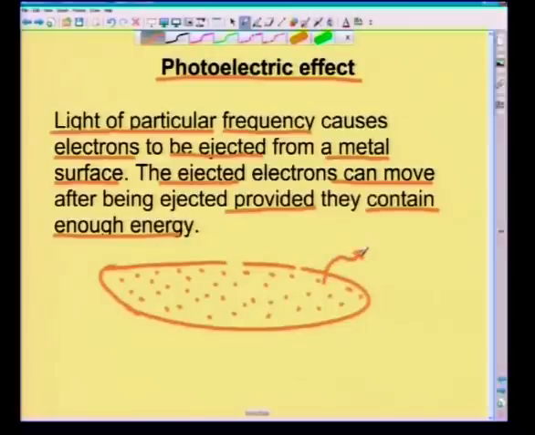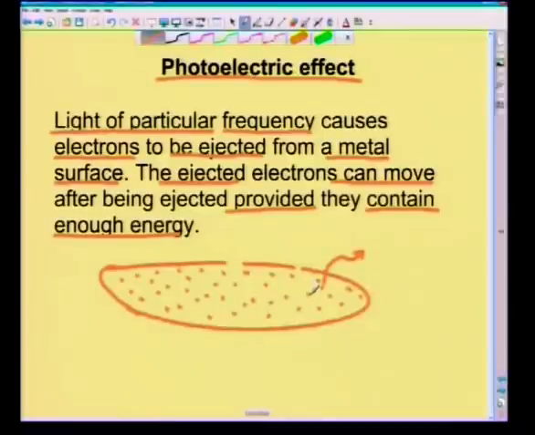Now, when it gets ejected, it can move out only if it has an excess of energy that it can use to carry it forward. Now, if that energy is not enough, this electron can be ejected, it goes up, but then because maybe it does not have enough energy, it can go back to where it was before the ejection.